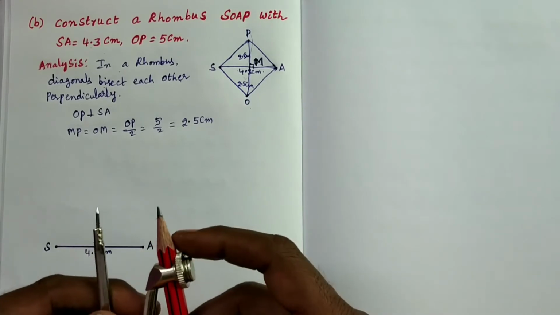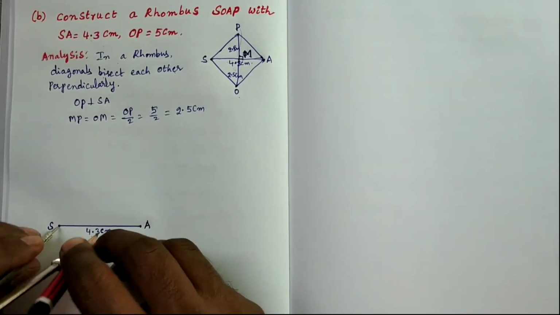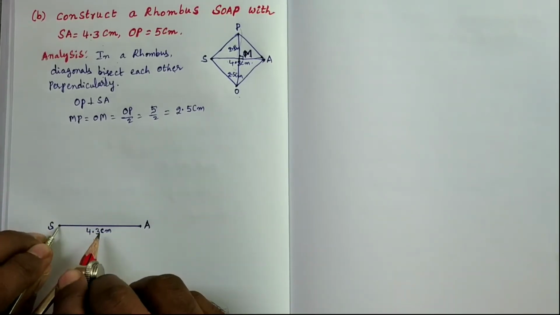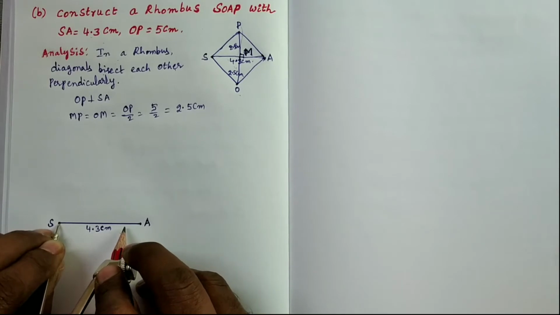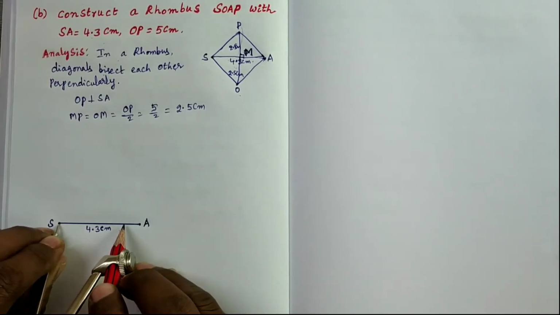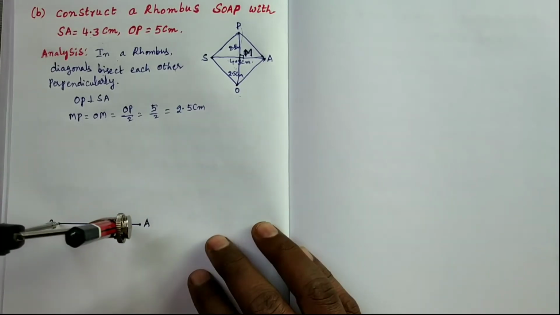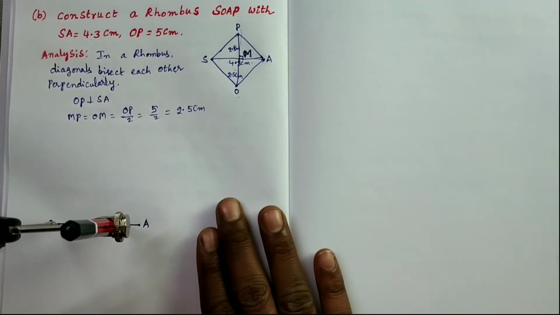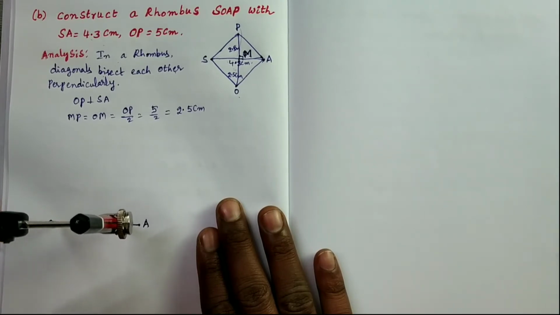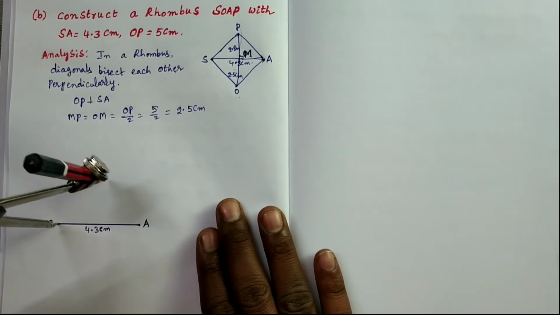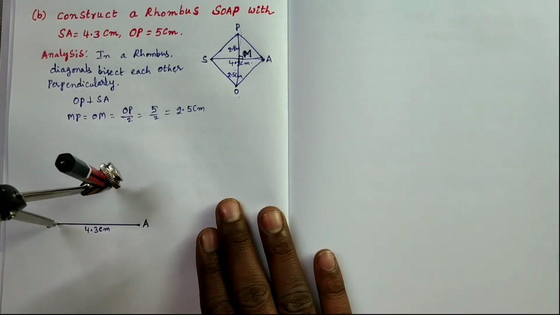Take a compass, take S as the center and take a radius more than half of the length of SA. No need to measure this one; by observation you can take.